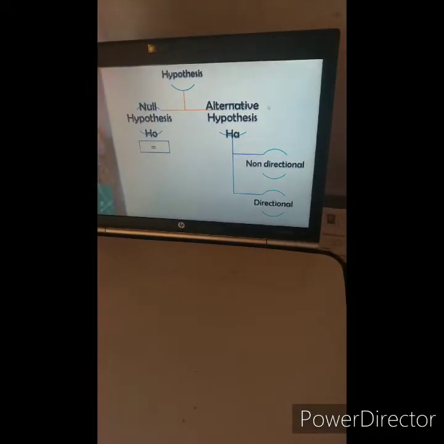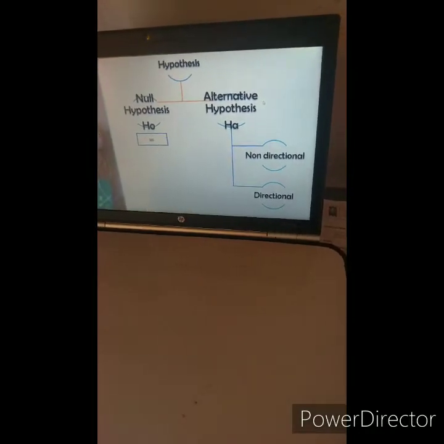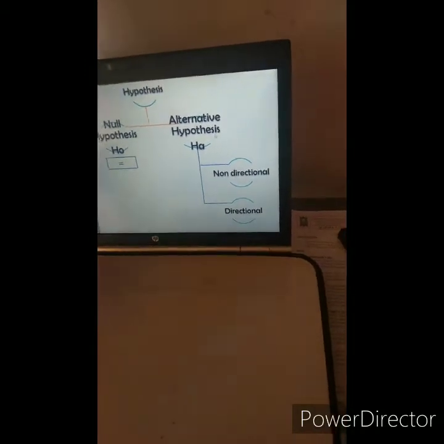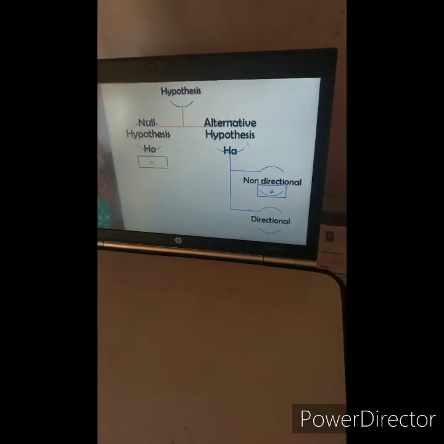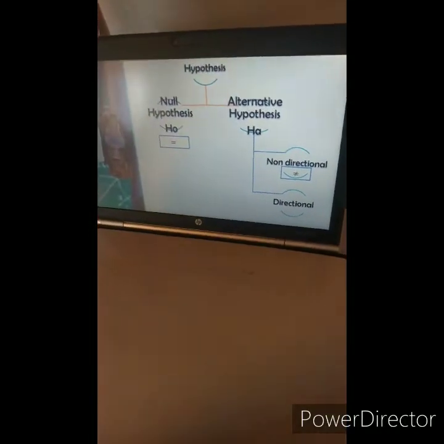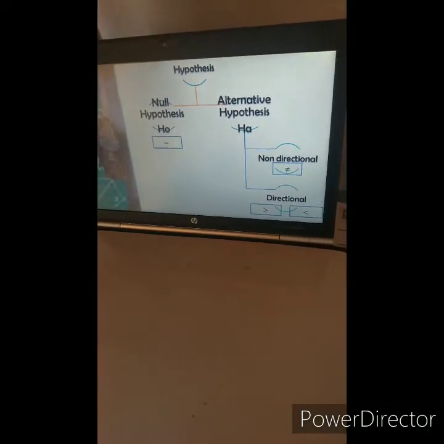What do we mean by non-directional and directional? For our null hypothesis, we always use equal. For the non-directional alternative hypothesis, we use not equal to. And for the directional, we have greater than or less than.